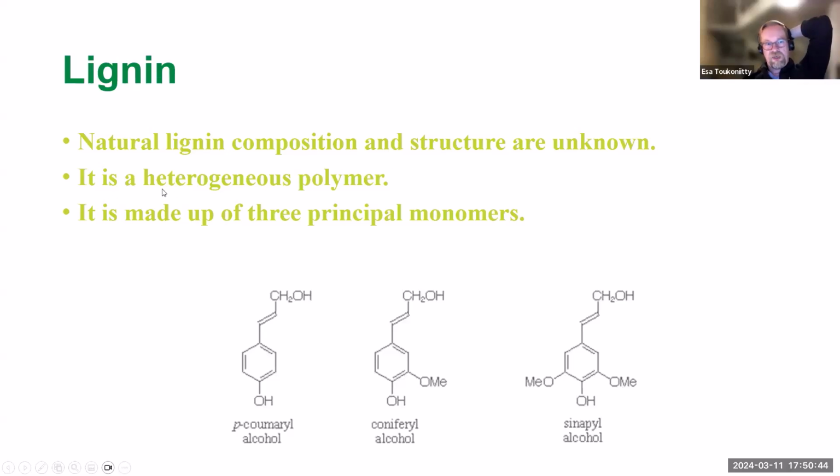The term heterogeneous polymer means that it's made out of several different monomers. And coumaryl alcohol, coniferyl alcohol, and sinapyl alcohol are some of the structures that can be found in lignin.